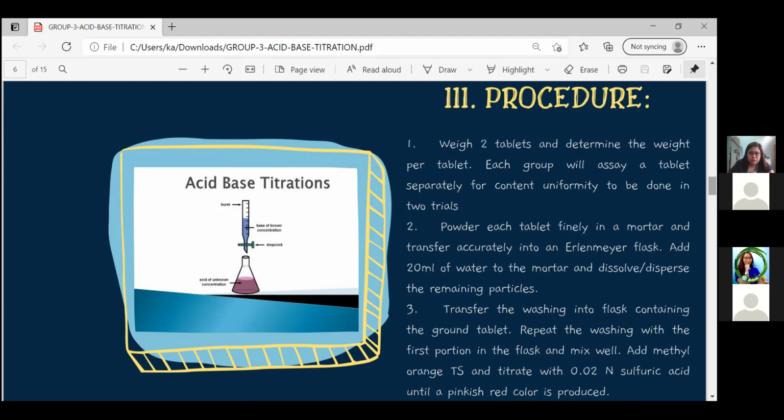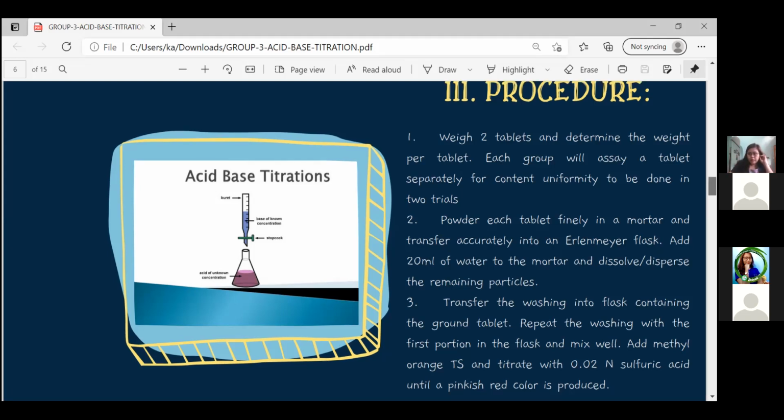Add 20 ml of water to the mortar and dissolve or disperse the remaining particles. And lastly, transfer the washing into flask containing the ground tablet. Repeat the washing with the first portion in the flask and mix well. Then add methyl orange TS and titrate with 0.02 N sulfuric acid until a pinkish red color is produced.